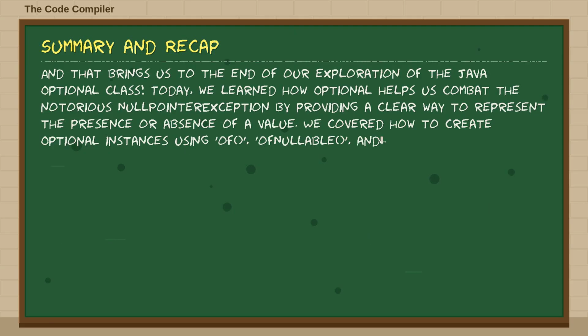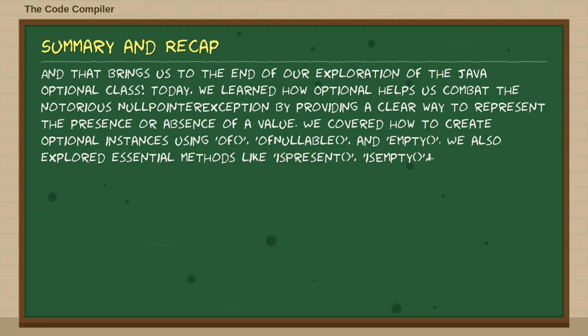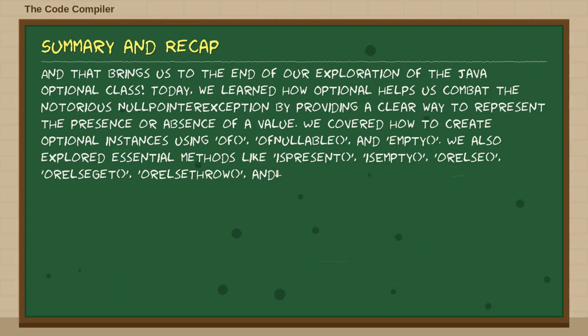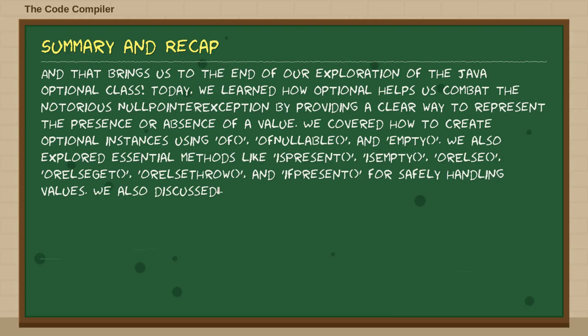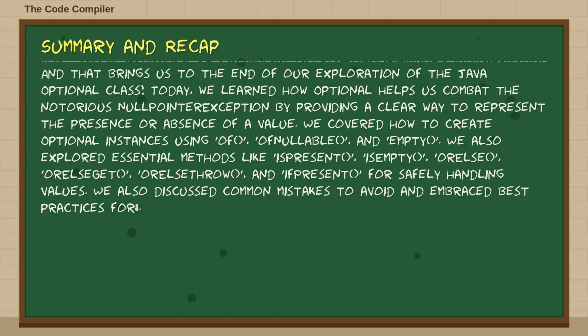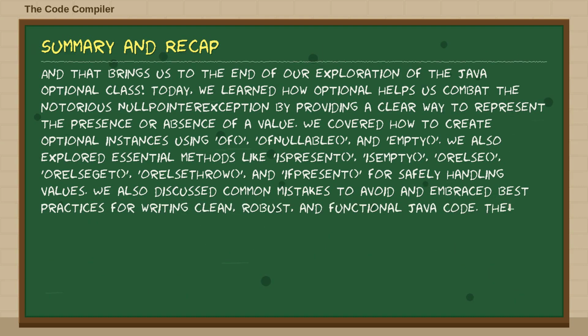We also explored essential methods like isPresent, isEmpty, orElseGet, orElseThrow, and ifPresent for safely handling values. We also discussed common mistakes to avoid and embraced best practices for writing clean, robust, and functional Java code.